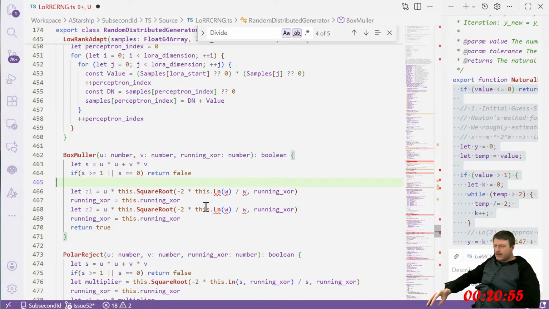This thing doesn't really do anything. What the hell is this? Oh, right, I'm reloading it. So I did a square root and then the running XOR changed. I could pass it back through the stack, but it's going to be faster to do this because I already have the stuff in memory.